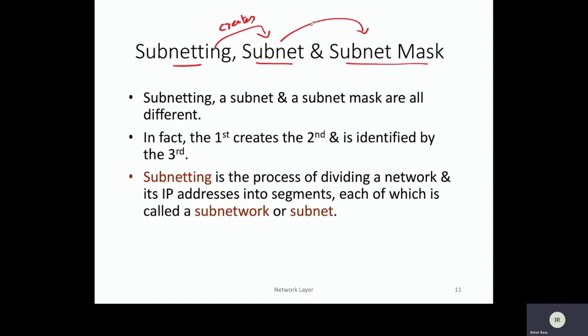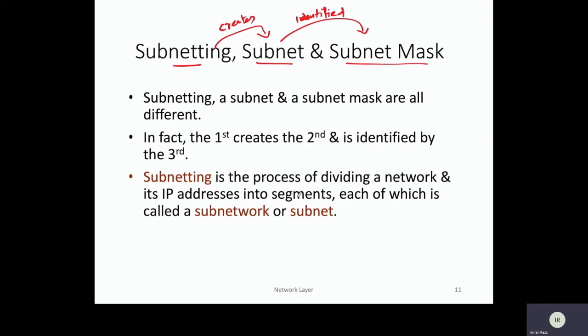Then we know how to calculate a subnet mask, where we turn all the bits representing the network portion to 1 and the host portion bits to 0, right? So subnetting creates subnets, and subnets are identified by subnet masks.